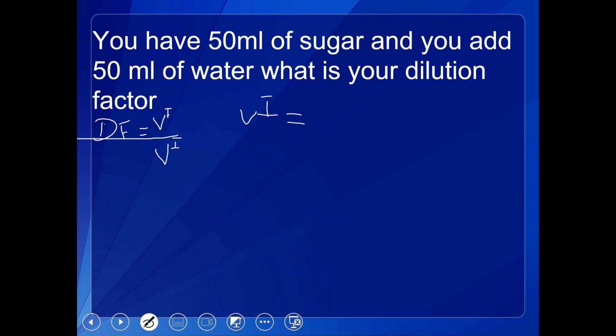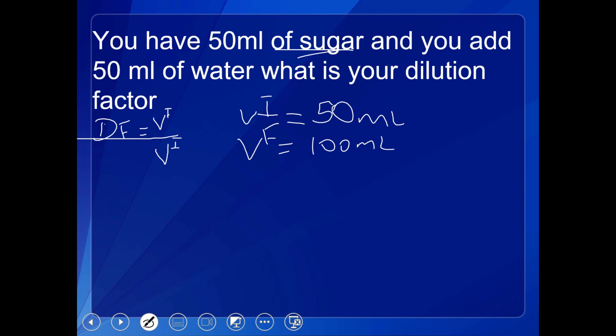So it doesn't matter which one we use here because they're both the same, but I'm going to go with sugar because that's going to be our solute. Then our volume final is going to be our solute plus our solvent, which is 100 milliliters. Right?